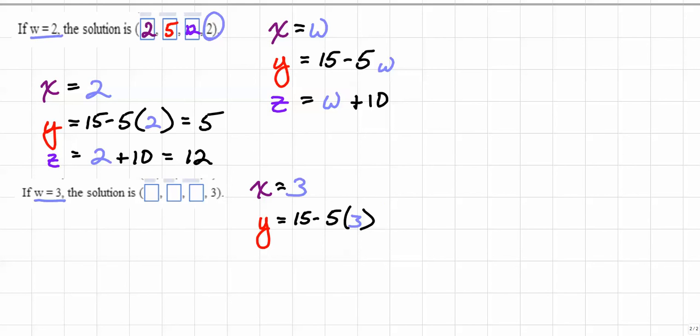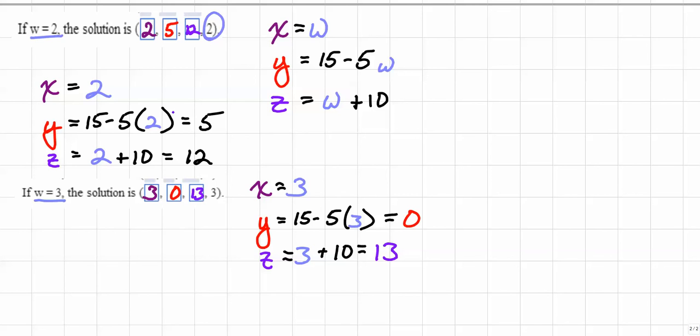And then Z is going to be equal to W, which in this case is 3, plus 10, which will yield 13. And then this one right here would be equal to 0. So my answer will be 3, and then 0, and then 13, and then 3. And that would be the end.